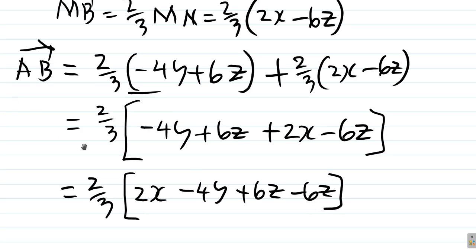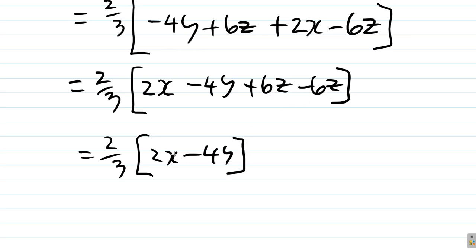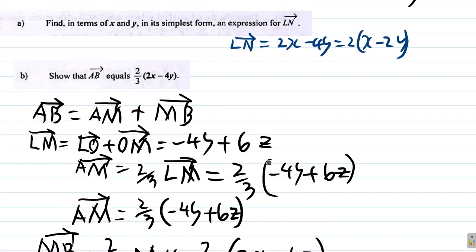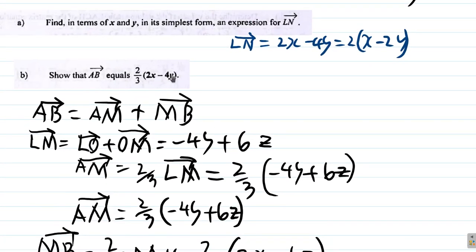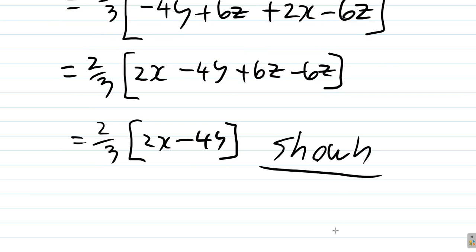See that? Now this is equal to 2/3 of 2x minus 4y. Well, guess what? 6z minus 6z is 0, so the z is gone. You have 2/3 of 2x minus 4y. You see that? So that is shown. Okay.